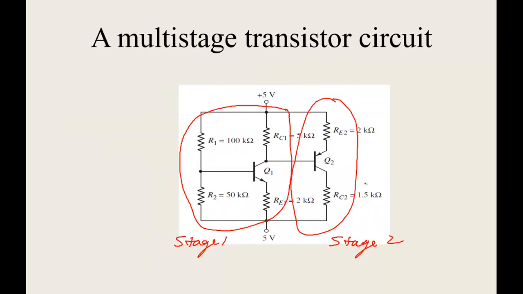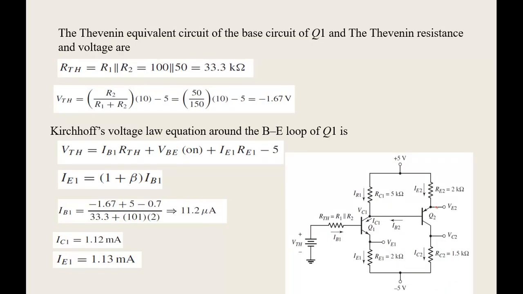This is NPN and this one is PNP. The current flows like this. These two currents entering form your IC1. Then you find IB1, IE1, and IR1, then IE2 and IC2. That's how you need to find out.